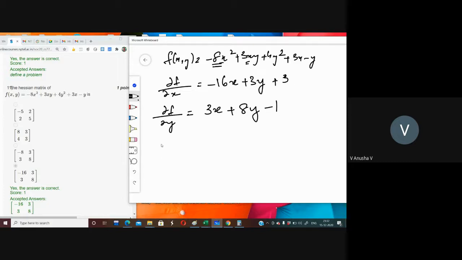Now what is the Hessian matrix? The Hessian matrix is nothing but, I can write it as f double dash. Okay, I'm writing it like this.